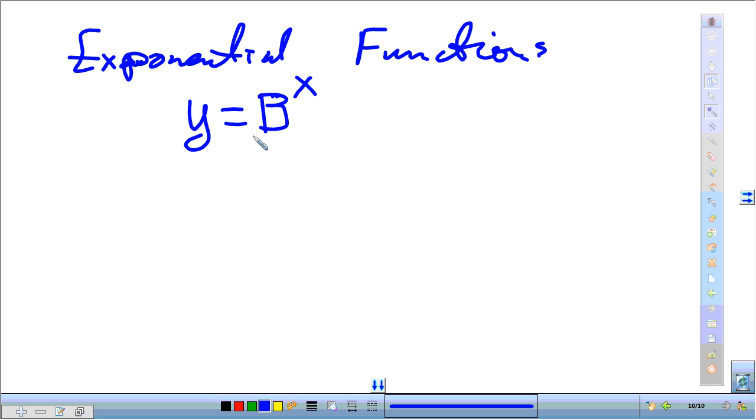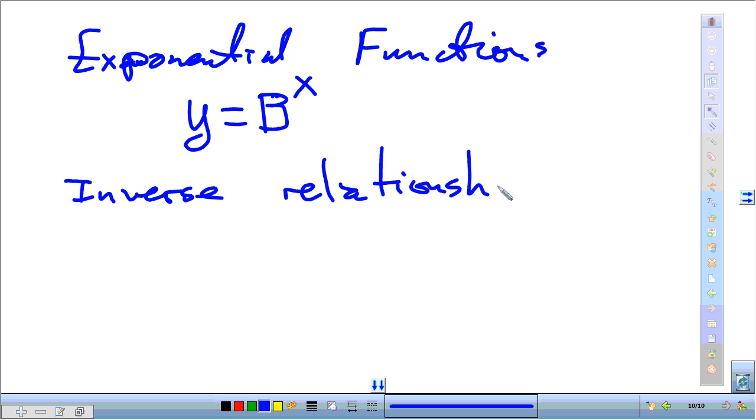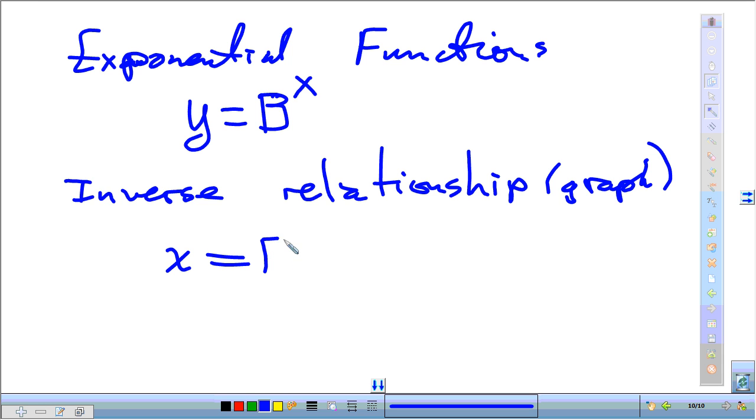So if we had y equal b to the x, then the inverse relationship or graph would be from x equal b exponent y. So we interchange x and y. Now this inverts the ordered pairs, but is this result going to be a new function, or is it just a relation?